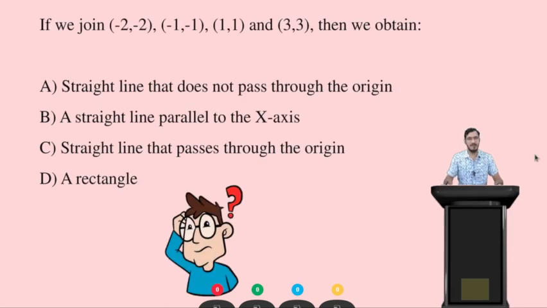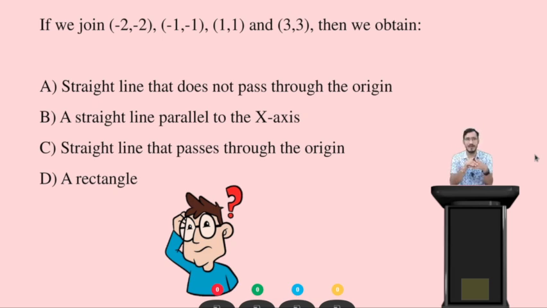Okay, now it's question time and I have a question for you. If we join minus 2 comma minus 2, minus 1 comma minus 1, 1 comma 1 and 3 comma 3, then we obtain: option A, a straight line that does not pass through the origin. Option B, a straight line parallel to the x-axis. Option C, a straight line that passes through the origin.